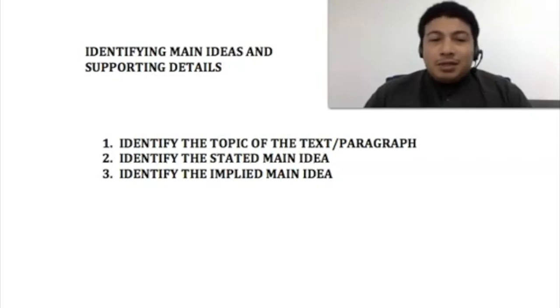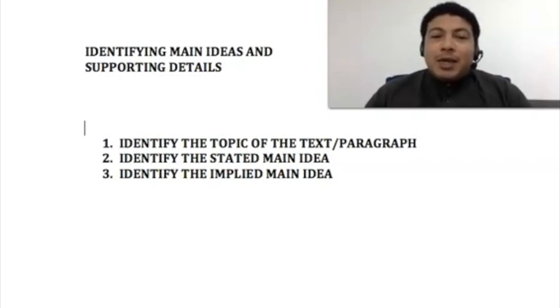The first thing that we need to do is we need to identify the topic of the text or the topic of the paragraph. This is quite easy because normally a reading text or an article will have a topic, the heading. So that is the topic.